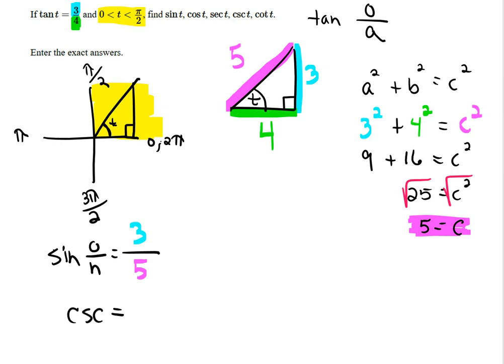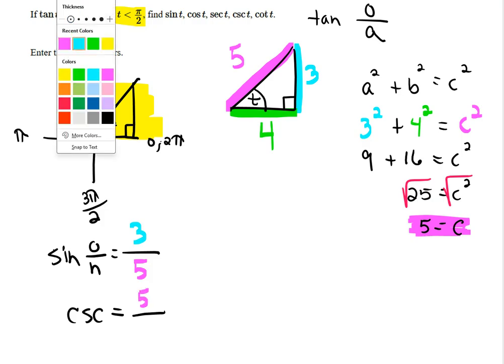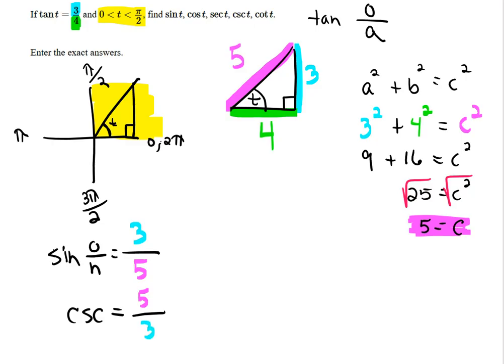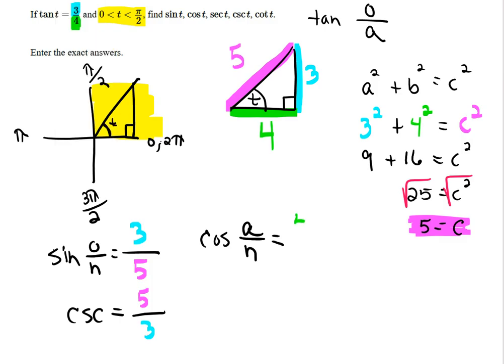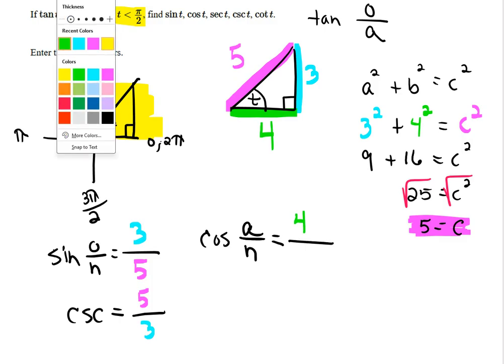So the cosecant of t would be the reciprocal of this, 5 over 3. And then I'm looking at cosine. Cosine is adjacent over hypotenuse, and the adjacent is the 4 over the hypotenuse, which is the 5.